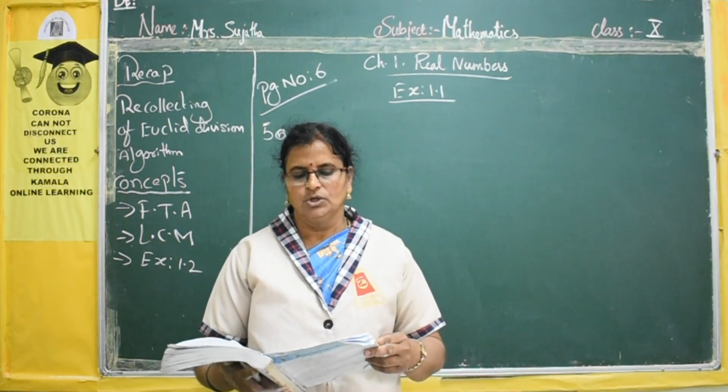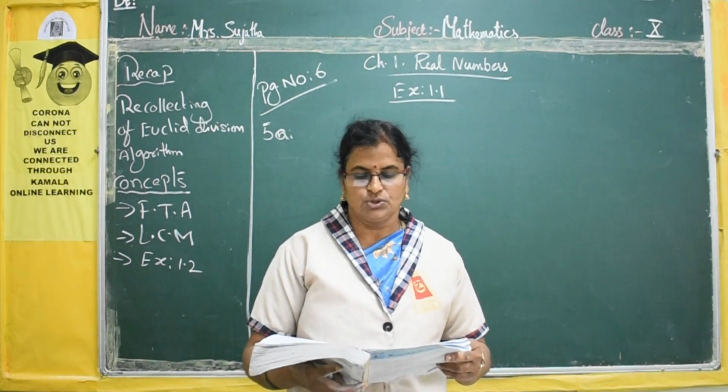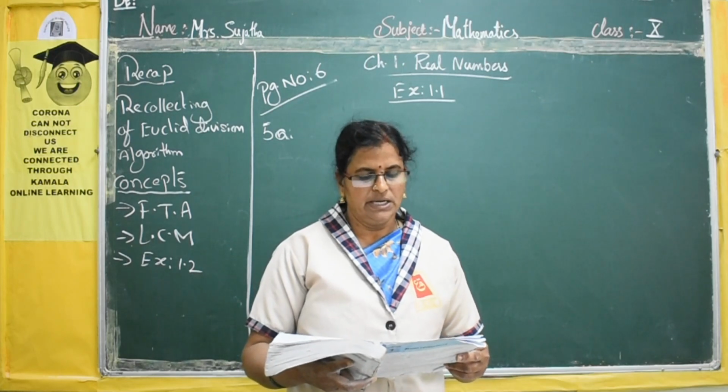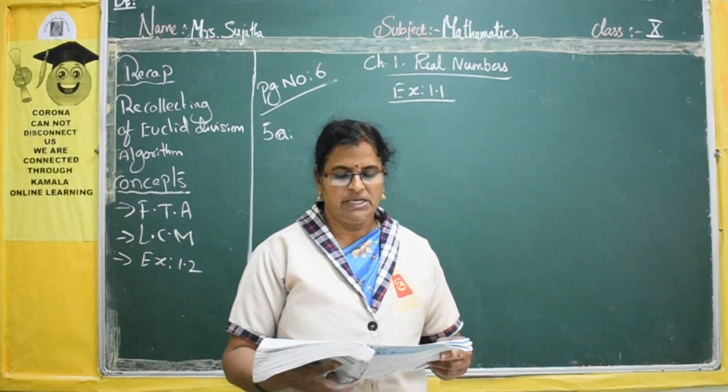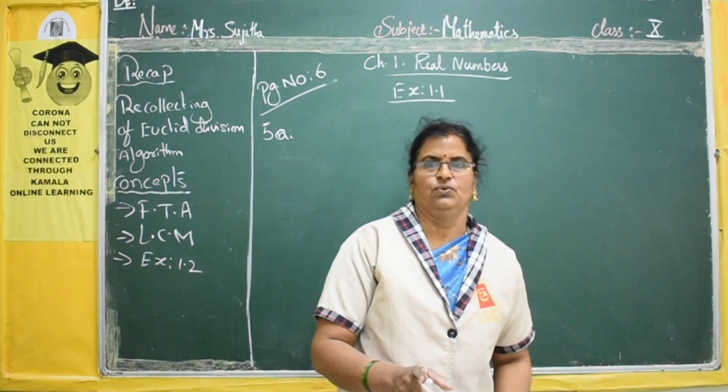What is that question? Show that one and only one out of n, n plus 2 or n plus 4 is divisible by 3, where n is any positive integer. It means three numbers are there: n, n plus 2, n plus 4.